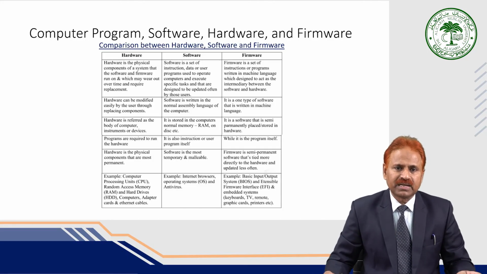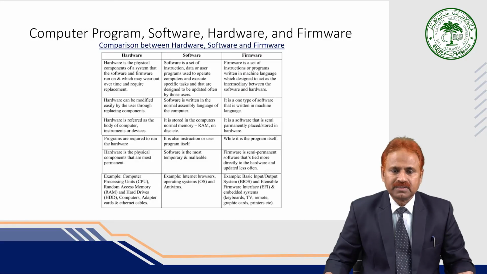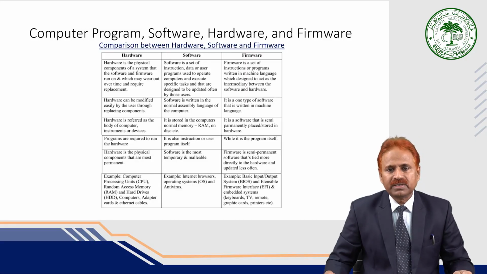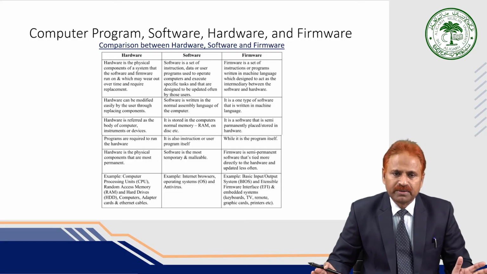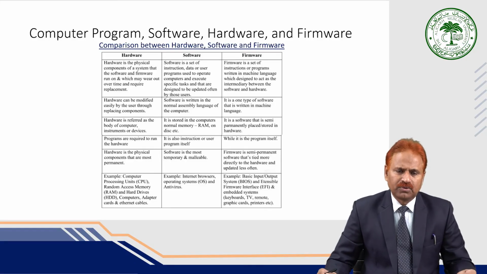Hardware is the physical component that is most permanent, while software is the most temporary and malleable. Firmware is a semi-permanent software that is tied more directly to the hardware and is updated less often. Examples of hardware are the central processing unit, random access memory, hard disks or HDD, computer adapters, cards, Ethernet cables, etc. While examples of software may be internet browser, operating system and antivirus.